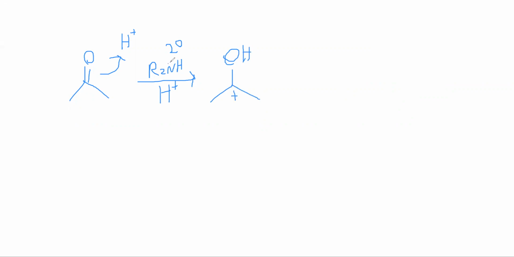Okay, so first step, I'll draw the arrow with the conditions in a second, but it's going to be acid catalysis again. This time there's two R groups attached to the amine, so it's a secondary amine. We have acid conditions again. So it's the same steps for the first few steps.